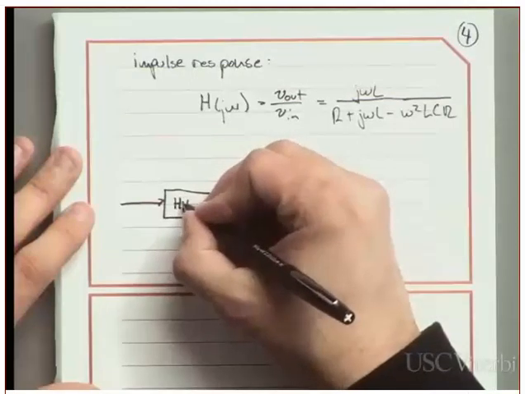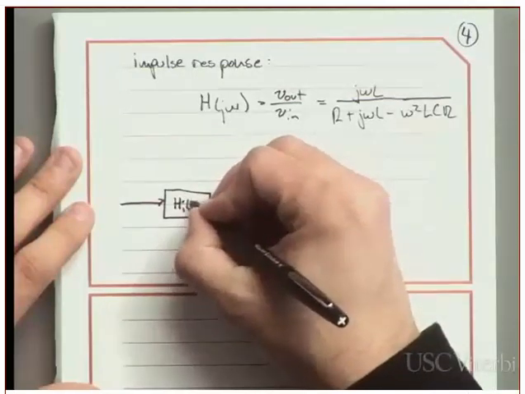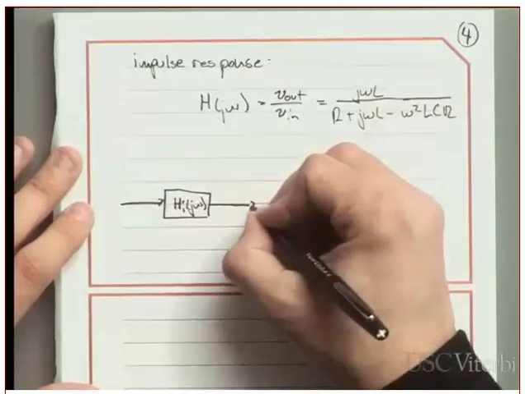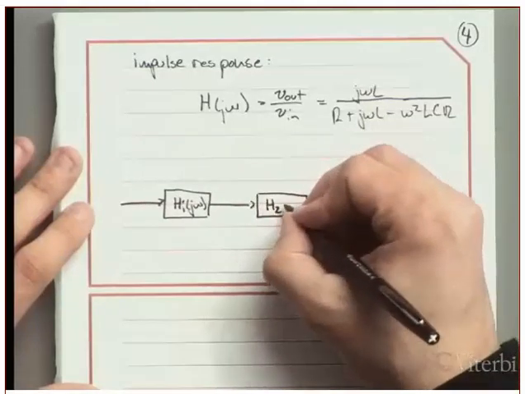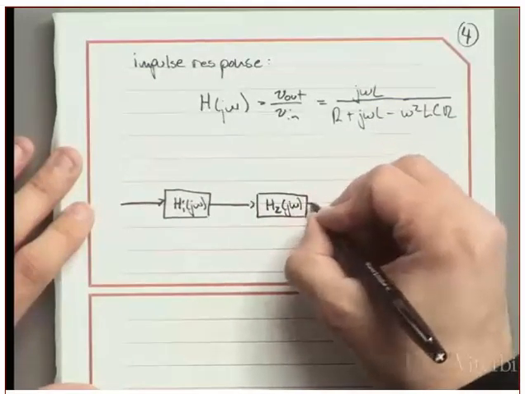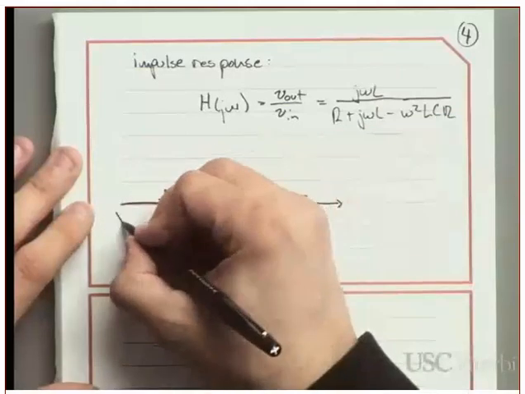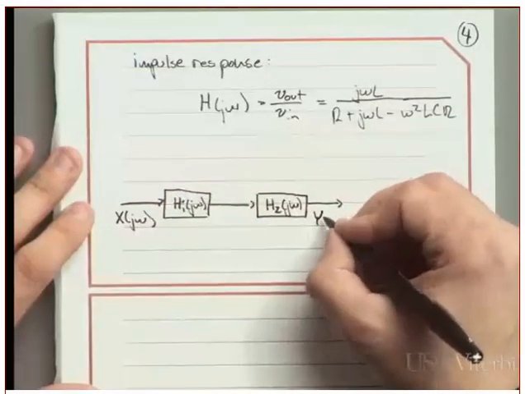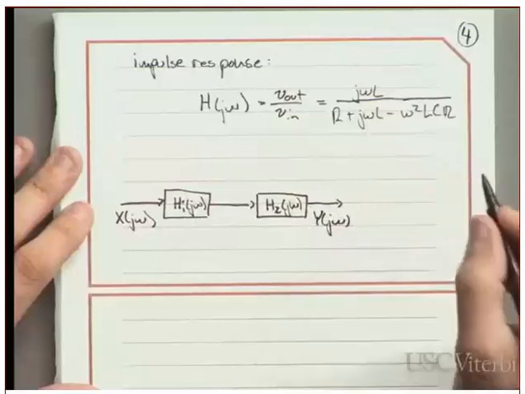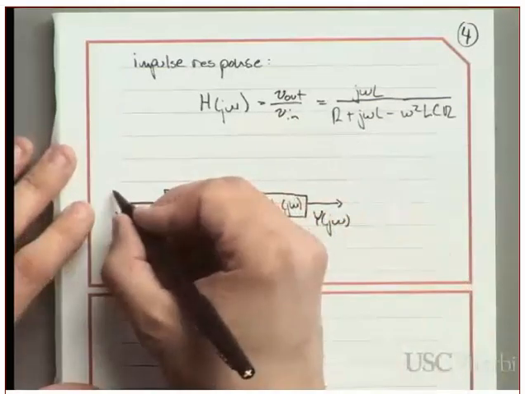So this is H1 of j omega, H2 of j omega, and my output. So I'm going to call my input X of j omega, Y of j omega.